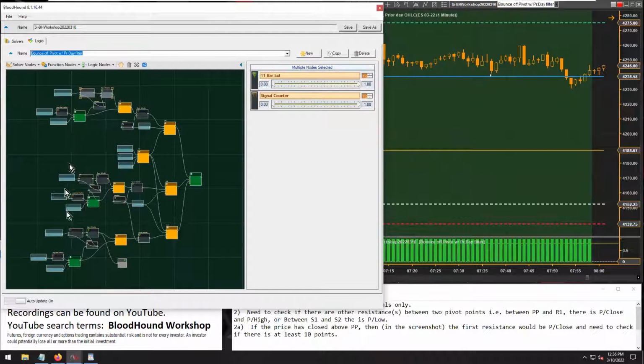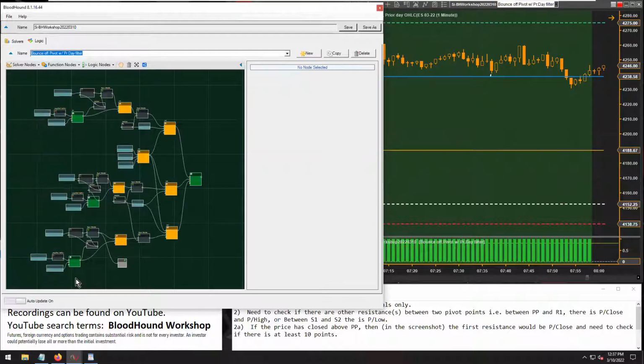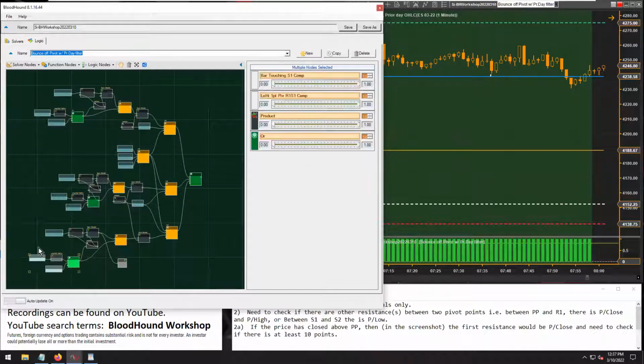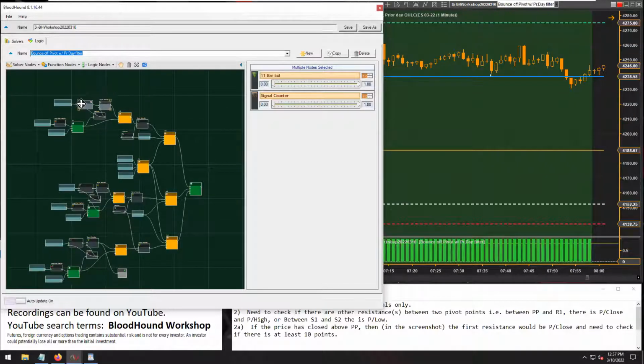That way, I need to use both the R1 resets and the S1 resets to reset our function nodes.